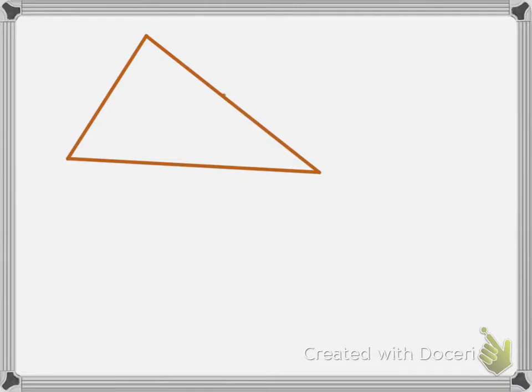So maybe this is the midpoint, and then over here maybe that's the midpoint, and maybe that's the midpoint, and then I would draw those segments, and where those all met is the centroid, and the centroid makes the triangle balance. So it is the center of mass of the triangle.